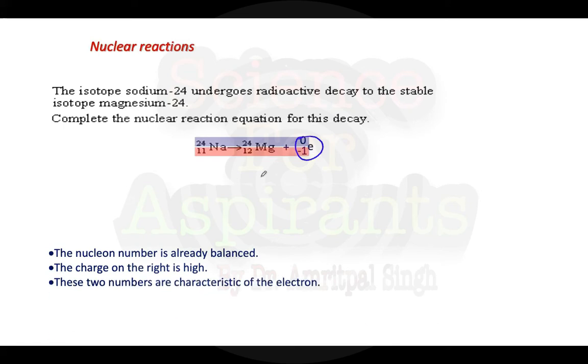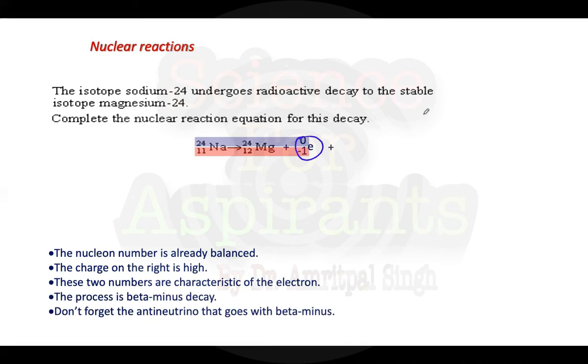So this is beta minus decay. Yes, this is an example of beta minus decay. So not positron, there should be electron and antineutrino. So this is how you must be familiar with any type of nuclear reaction. If it comes, then you should be able to tell.